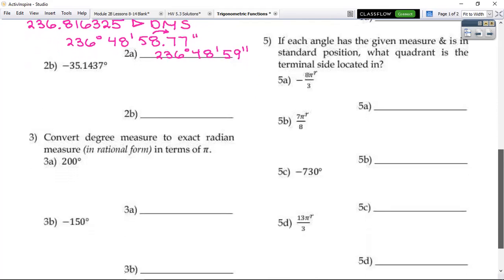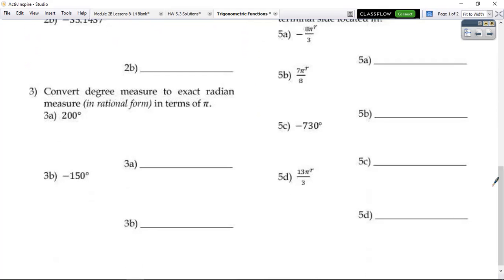I'm going to jump down to number 3. Convert degree measure to exact radian measure in rational form in terms of pi. So 200 degrees, you need to know that you are going to multiply by, so your formula is we're going to multiply by 180 over pi, and you are going to leave pi in your answer.